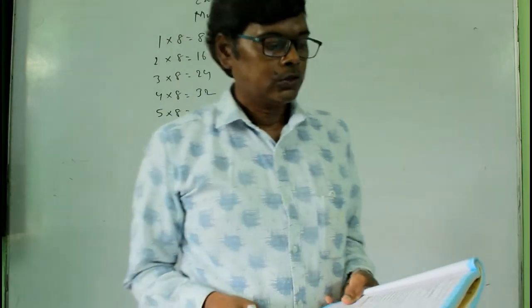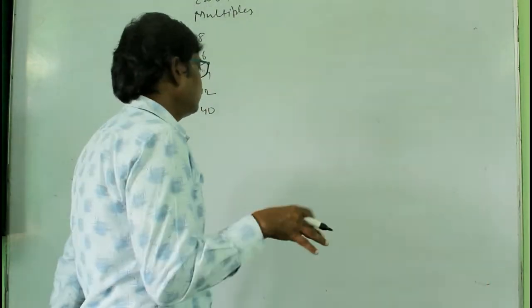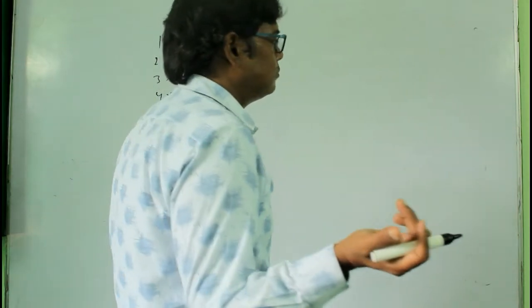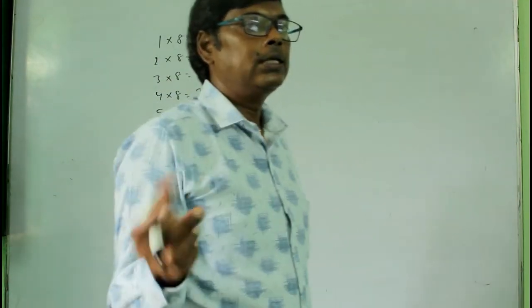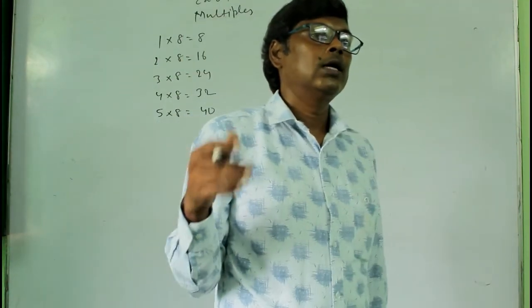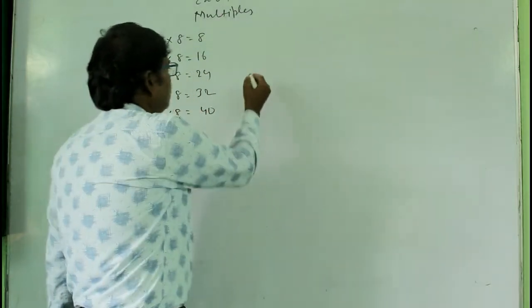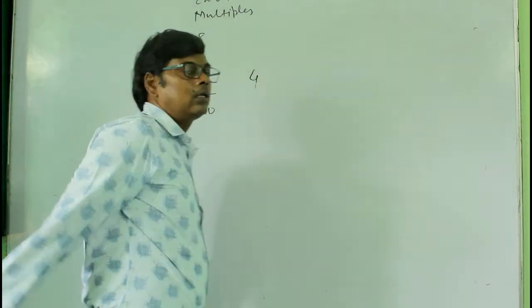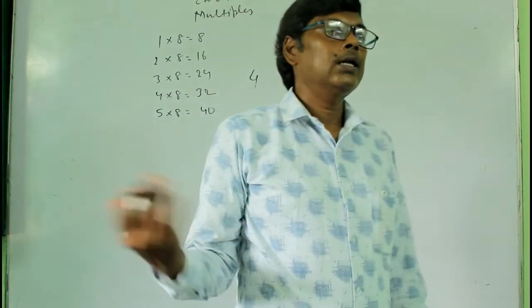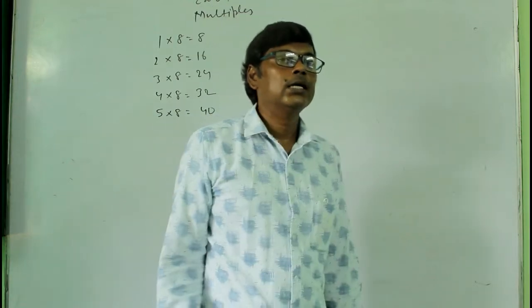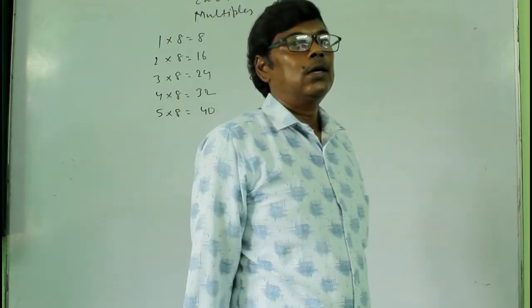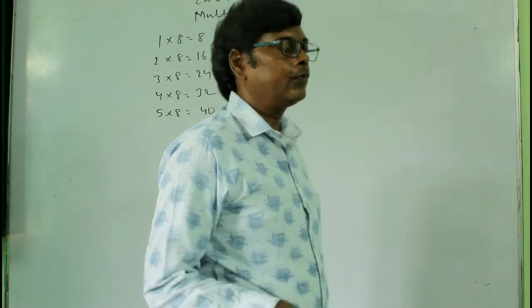Here again I will explain how you will find the multiples. For example, take any number, suppose a number is 4. If you want to find the multiples of 4, then we can have a large number of multiples, because there is no end of the multiples of a given number.